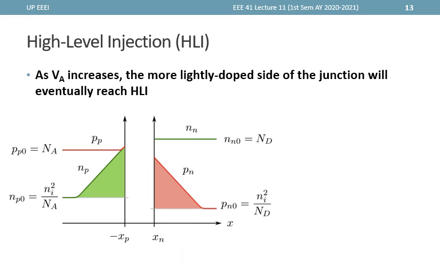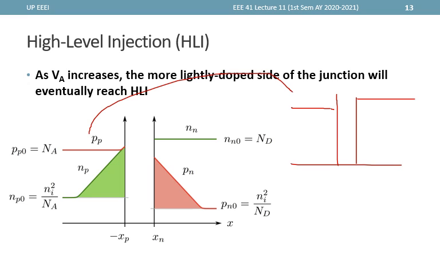Note that originally we drew the majority carriers as some constant plot. Okay, so for example, this one originally was this one under low level conditions. However, at high level injection conditions, the majority carrier concentration is now perturbed.